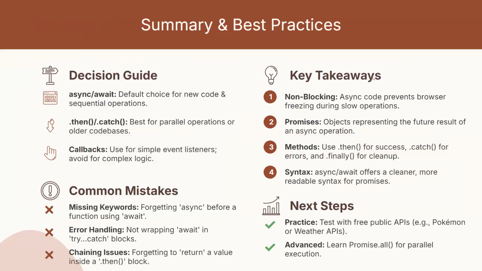To summarize everything we've covered so far, here are some best practices and key takeaways. Async await should be the default choice for new code and sequential operations, since it's the most modern standard and easiest to read. Try using the then and catch methods when you're working with existing promise-based code, or when you need to run tasks in parallel using methods like Promise.all.